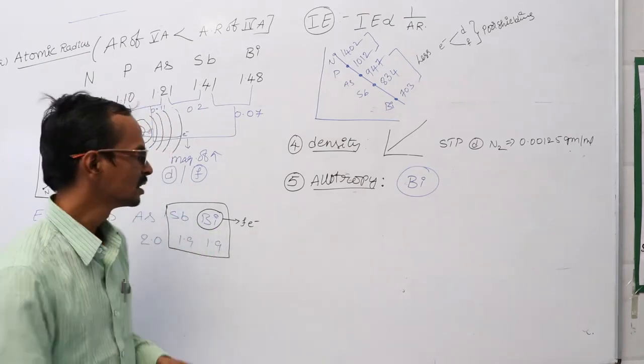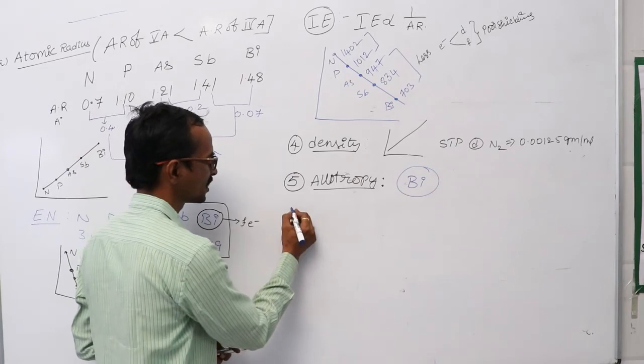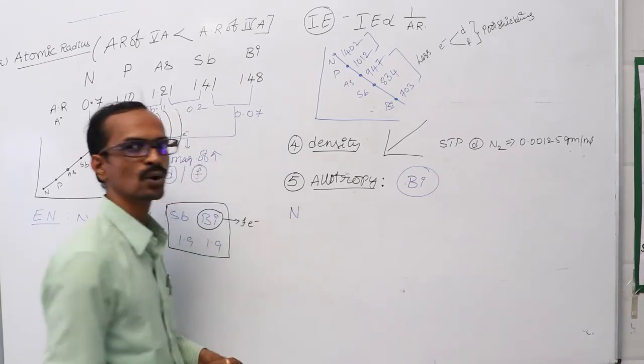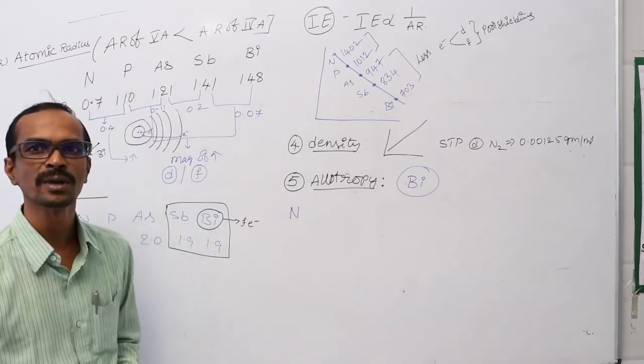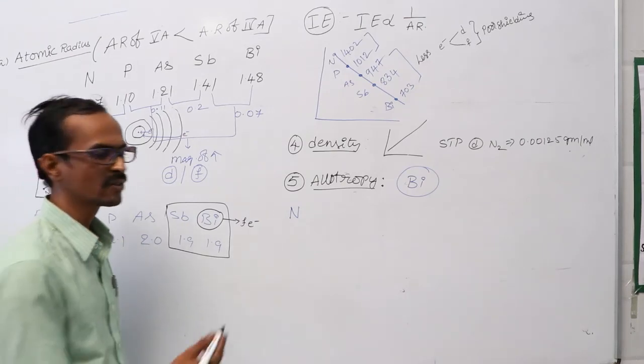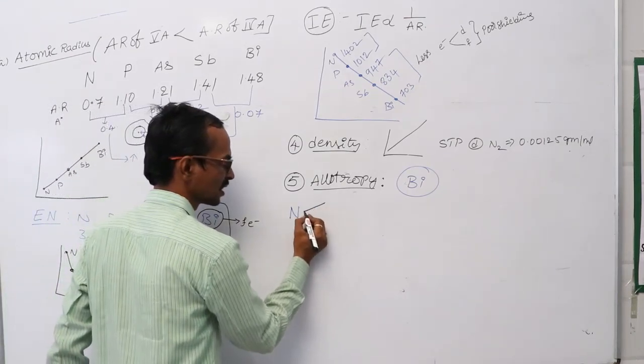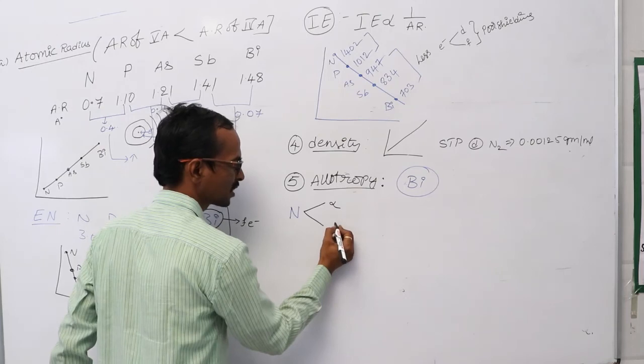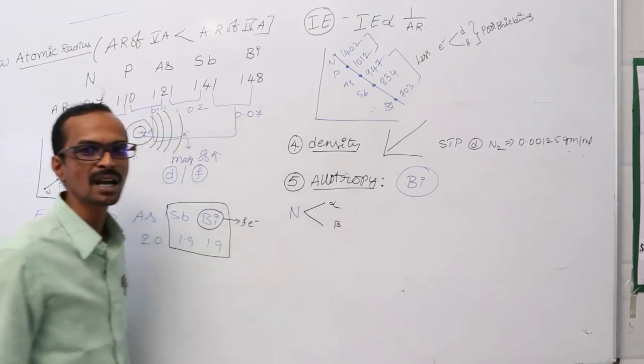So here nitrogen has two different allotropic forms: alpha nitrogen and beta nitrogen.